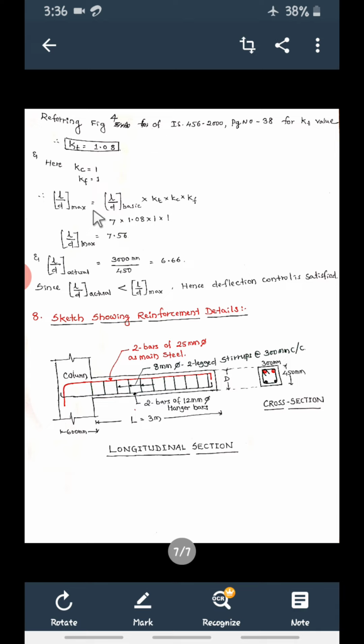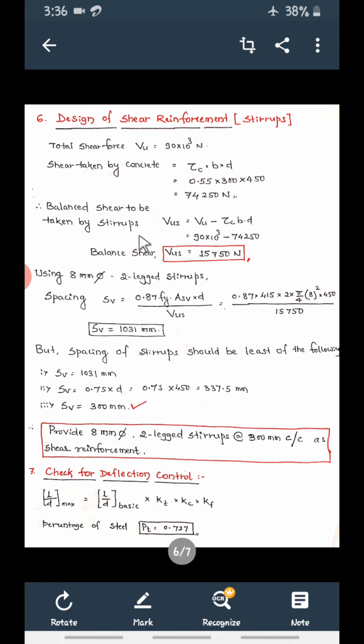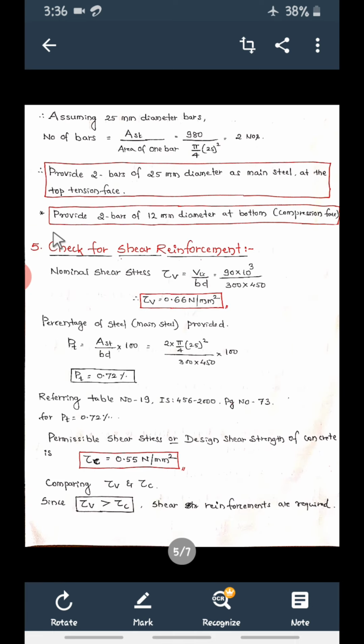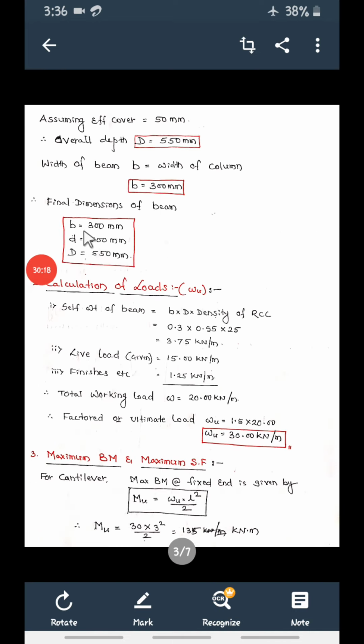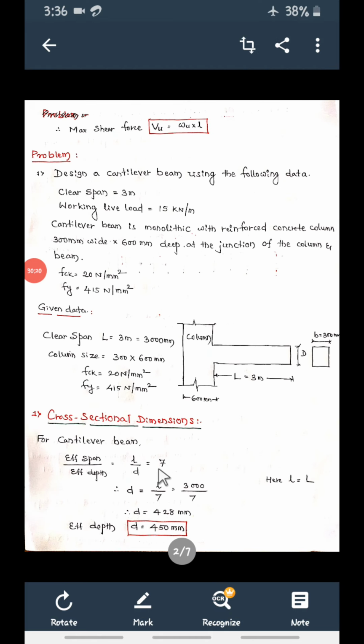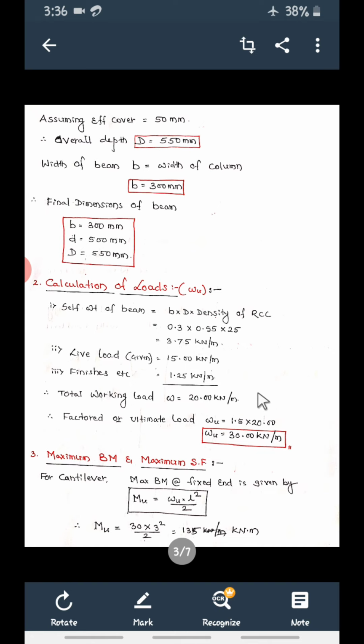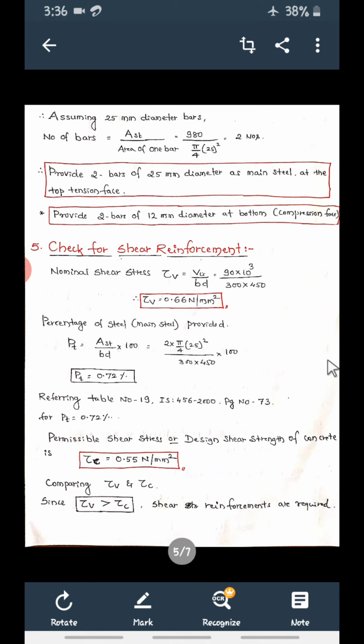So now substitute. L by D maximum is equal to L by D basic, KT, KC and KF. For L by D basic, in the beginning we assumed for a cantilever the L by D ratio. It is 7. This is the basic we have assumed. So L by D basic is 7.